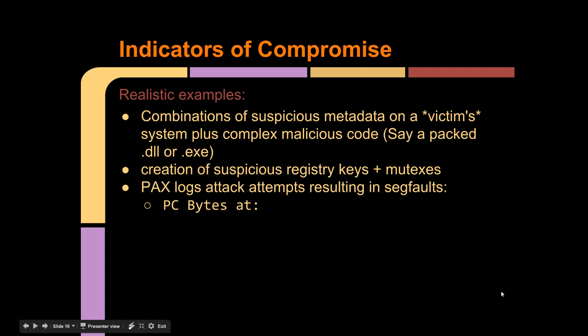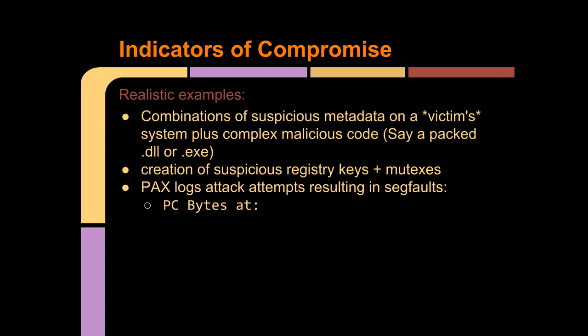Now, indicators of compromise aren't just the initial indications that you may have an incident to deal with. They're all indicators throughout the entire incident response and investigation that point to potential compromise of an individual system or systems.